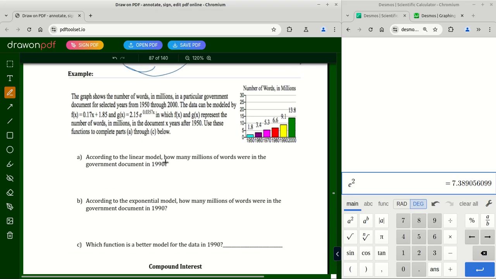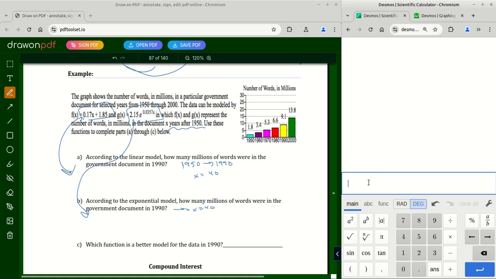Okay, so here's a word problem, and we have 2 different functions, and they're saying, hey, we got x is years after 1950, plug them in and see what's happening. Well, this is 1990, and I went from 1950 to 1990, so how much is my x? It's 40, so I'm going to plug a 40 in, and that's the same for here as well, obviously. I'm going to plug a 40 into this guy, my linear, and then I'm going to plug in a 40 into this guy, for my exponential.